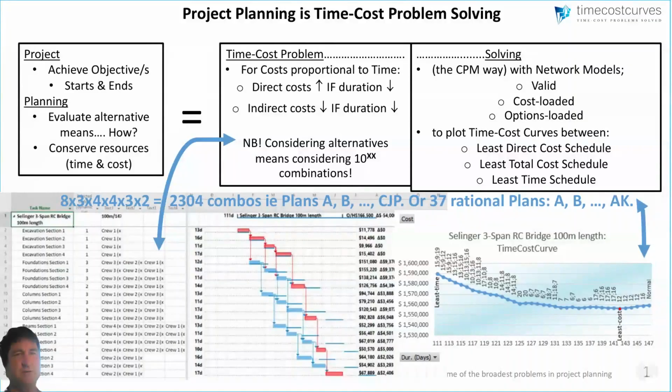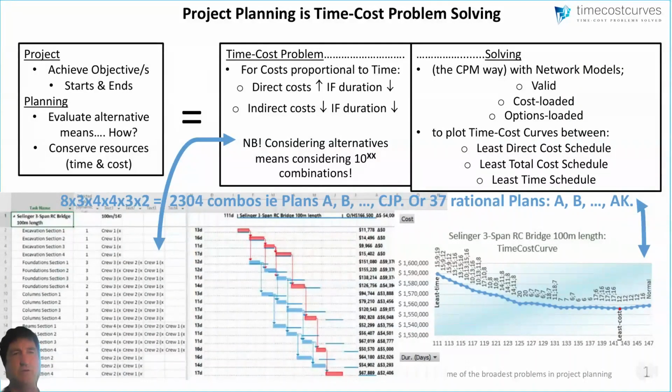And how this purpose has been lost, in my opinion, is because the software that we've all come to use does not feature this purpose in terms of how people use CPM to plan projects.